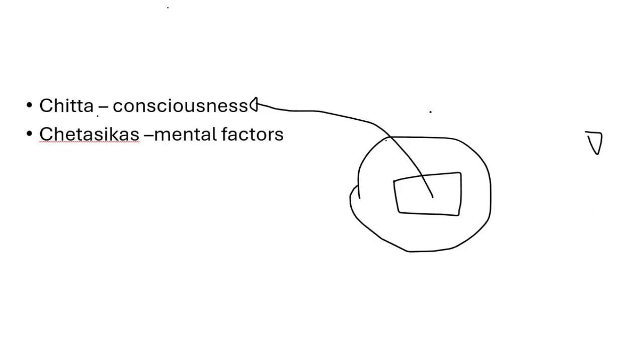So each mind has to have a chitta, and each mind has a different number of chetasikas. All those chetasikas have to match with each other. So you can divide this into any number less than 52. So those are the chetasikas, the mental factors.